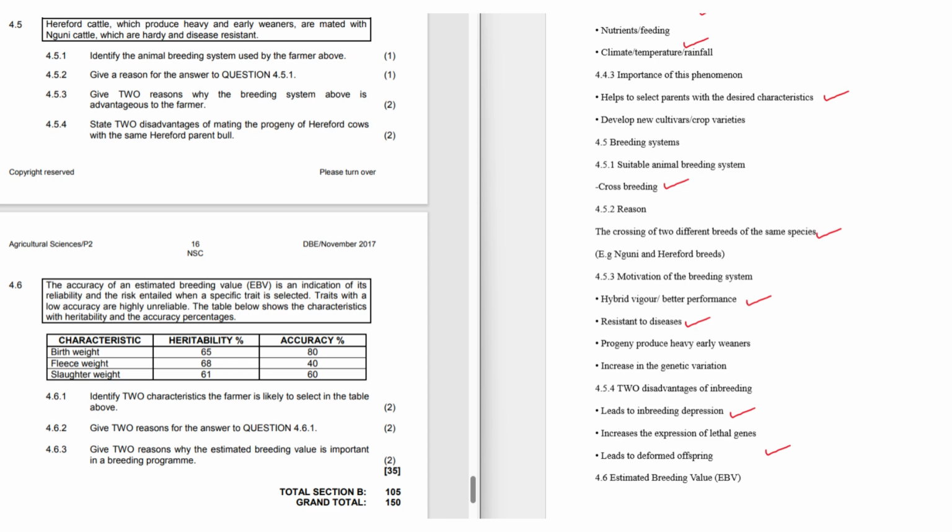Here they tricked us: they want the disadvantages of inbreeding. Point number 1: it will lead to inbreeding depression.